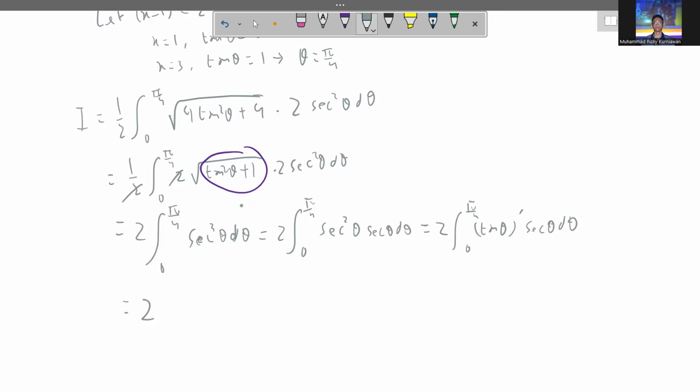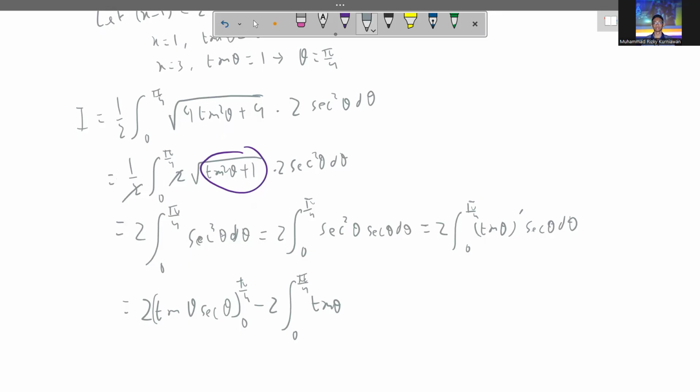So that means this is 2 times tangent of theta secant theta, while taking the values between 0 and pi over 4, minus 2 times the integral of, so we have to write tangent of theta here, and then we have to write the derivative of secant of theta.